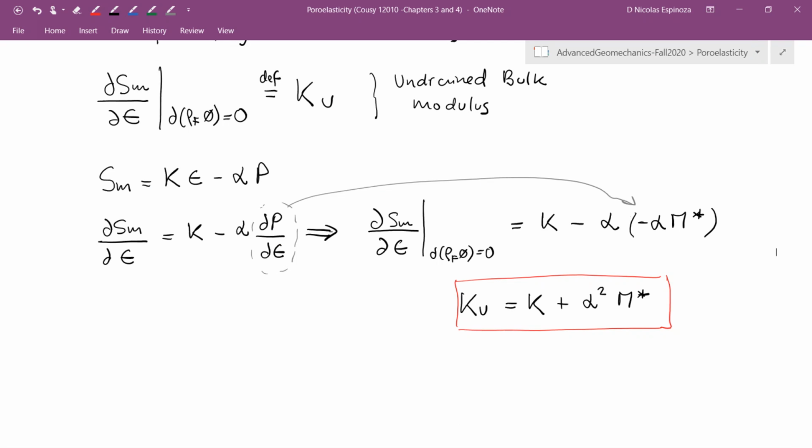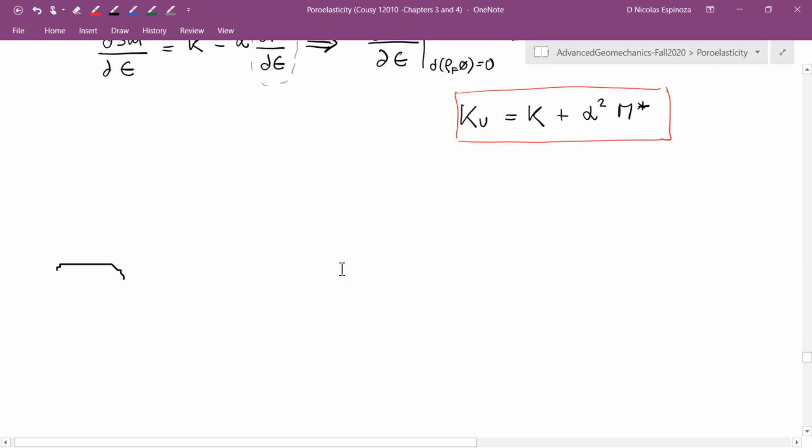And the last parameter that we're going to see that characterizes the undrained loading process is what is called the Skempton parameter.